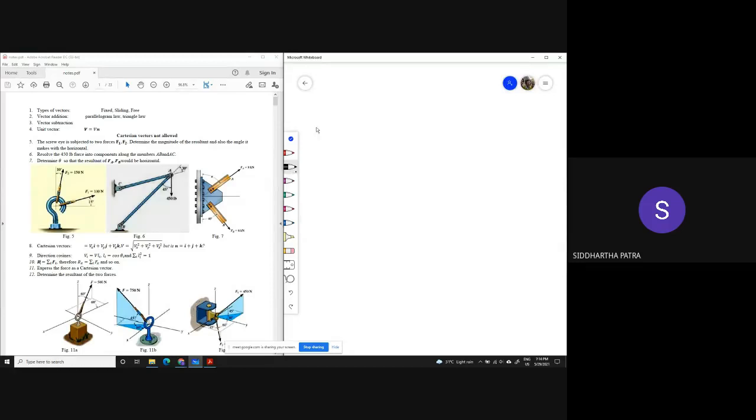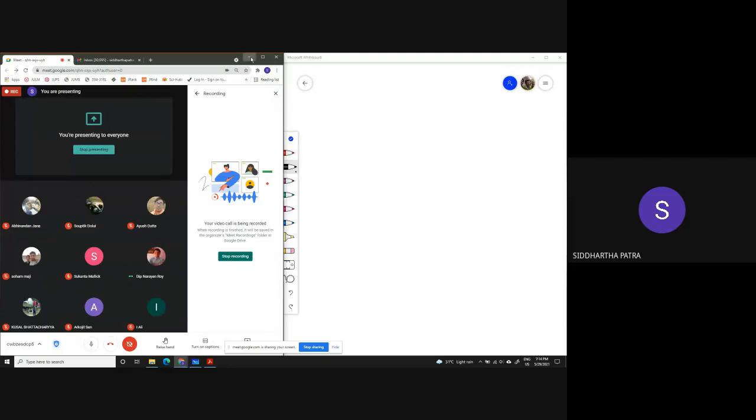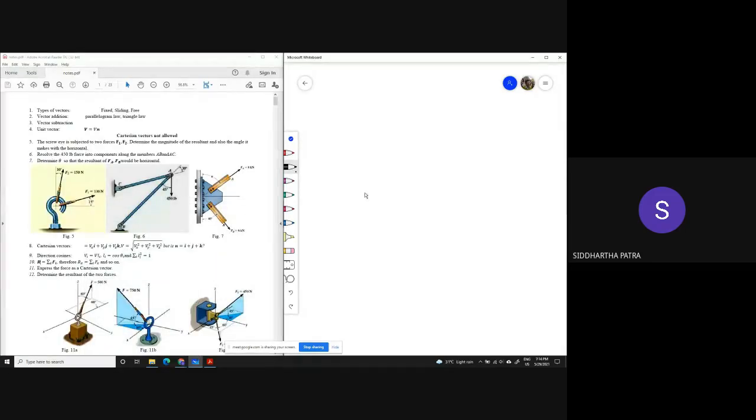So the way I see it, let's say figure 5, you have F1, which makes an angle of 15 degrees, and there is F2, which makes an angle of 10 degrees with the vertical.